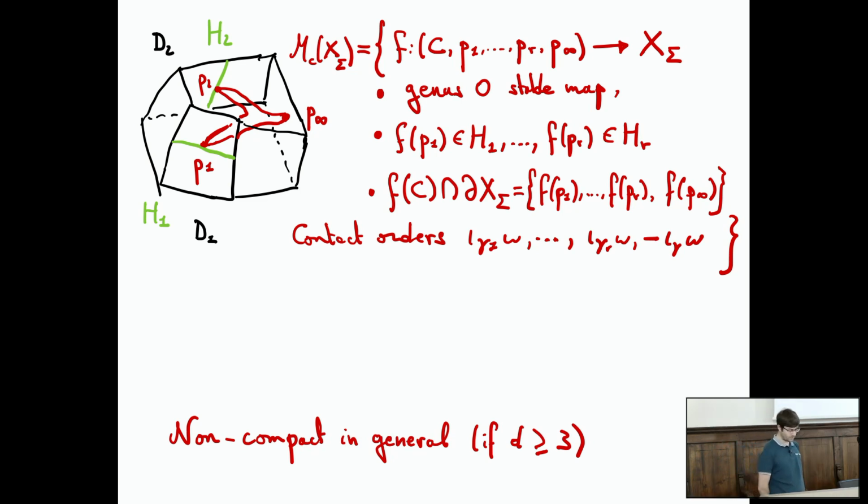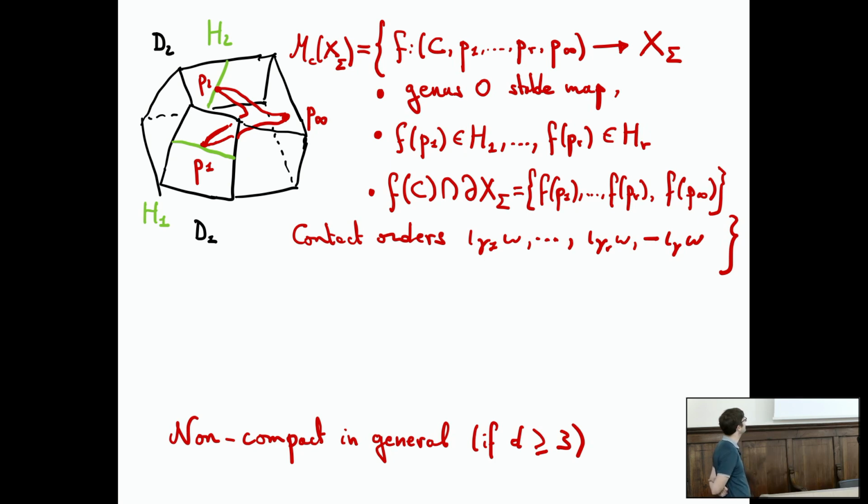And then we impose a condition that these marked points P1 to Pr go to these loci H1 to Hr. So the position of this marked point is constrained inside the divisor D1 to Dr. And in addition, you impose the fact that this curve intersects the toric boundary only at the images of the marked points P1 to Pr and P infinity.